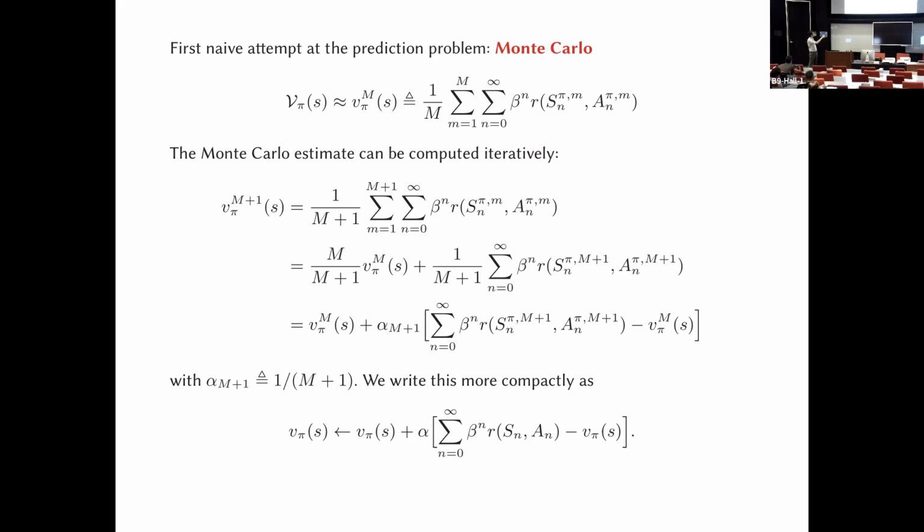Sometimes also read as: new estimate is old estimate plus learning rate multiplied by target minus old estimate. That's what the computer scientists would call this equation.